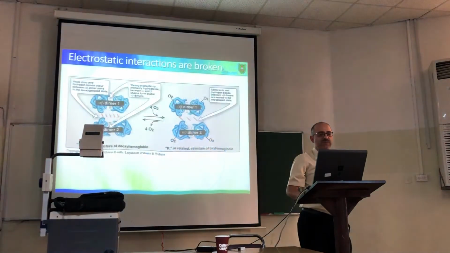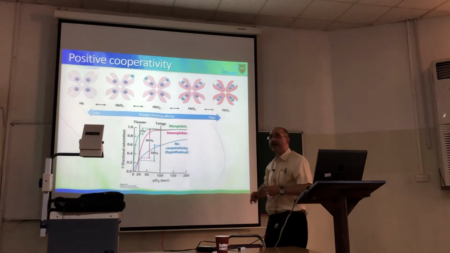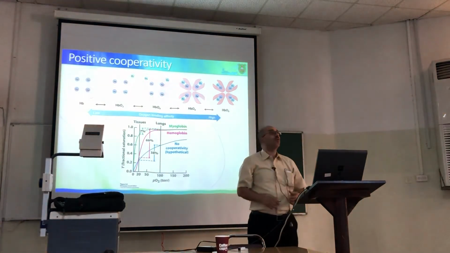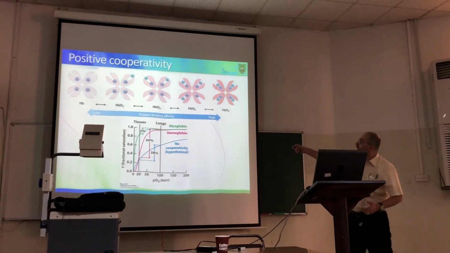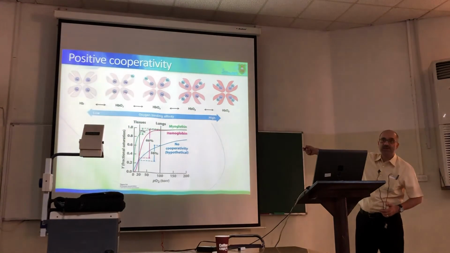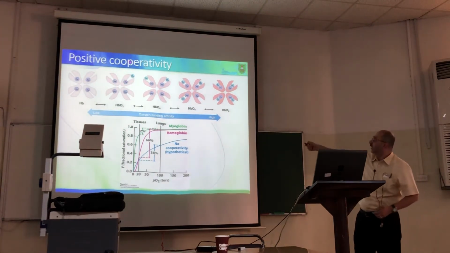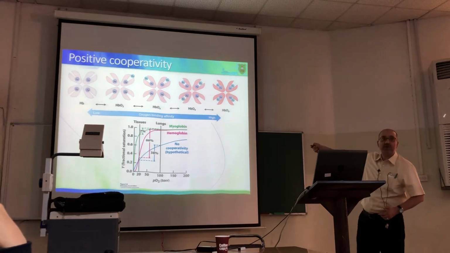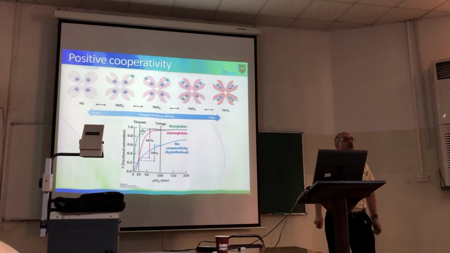Now, so electrostatic interactions. And binding of oxygen to hemoglobin is cooperative. Meaning what? Meaning that when one oxygen binds to one of these chains, one heme, it makes it easier for a second one to bind. It makes it easier for a third one to bind. So there is increasing affinity towards oxygen.